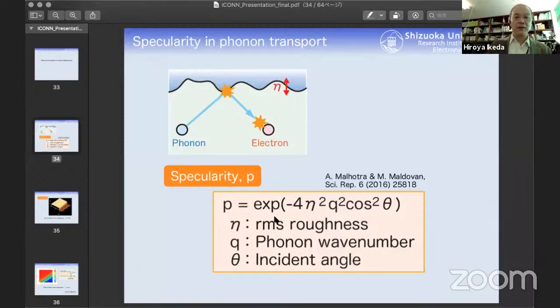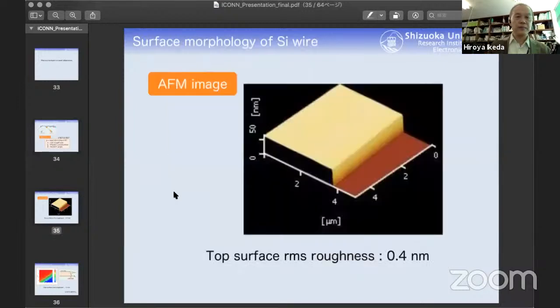So firstly, we measured the RMS roughness. This is an AFM image of our sample. And from this observation, we estimated the top surface RMS roughness is 0.4 nanometer, a very smooth surface.